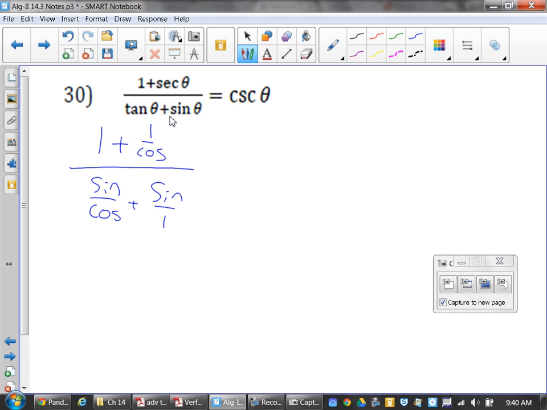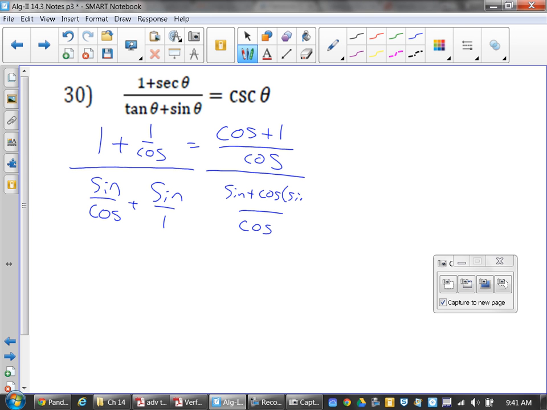No, because you have a plus sign in the middle. Now, in this one, get a common denominator for the top. We wind up with cosine plus 1 all over cosine. The bottom, you have a common denominator of cosine again. And it winds up being the same style problem we just did.